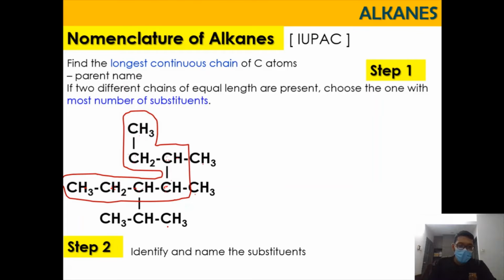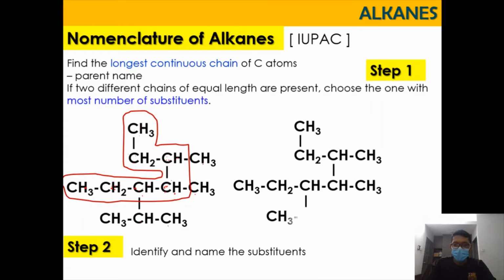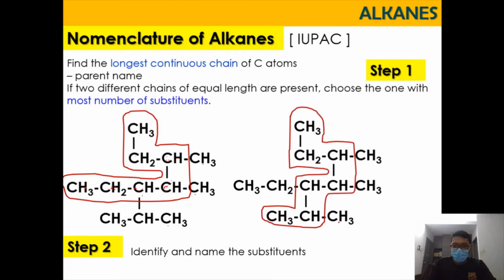Or if I do it from here, 1 to 7 is also possible. So I can use this one, or I can also use this one, either side. Doesn't matter because it's still 7.